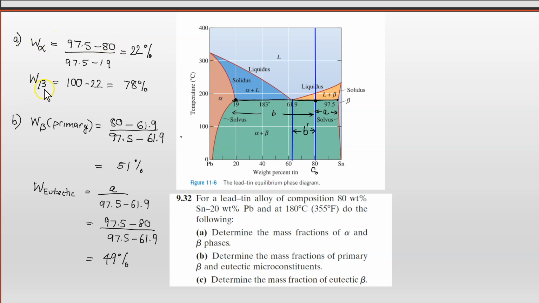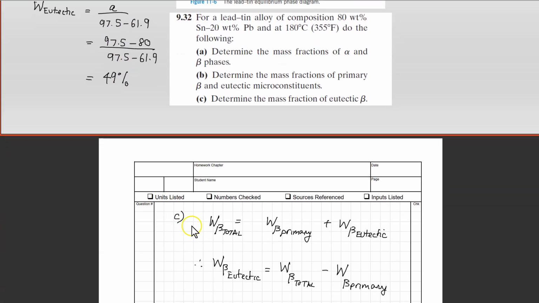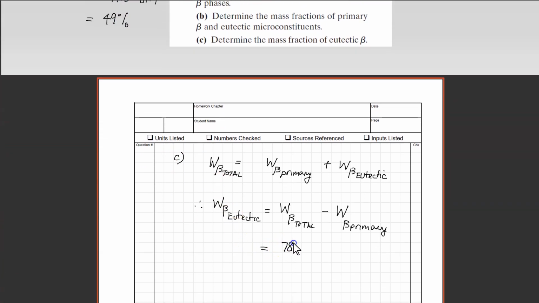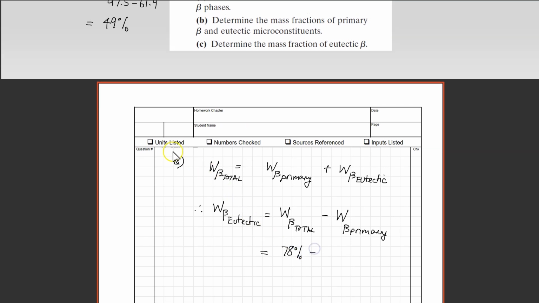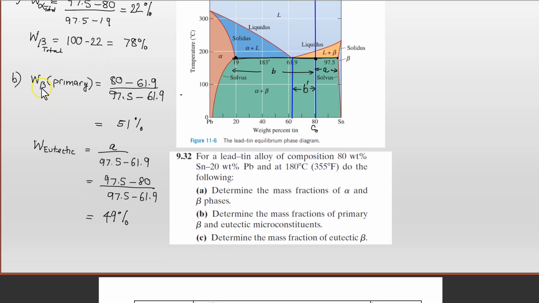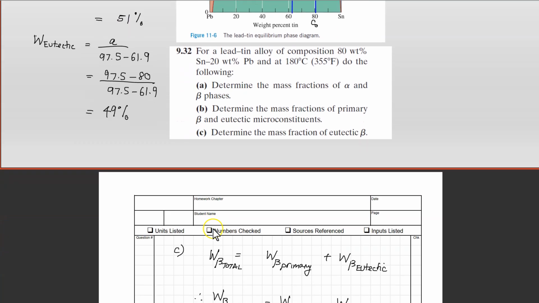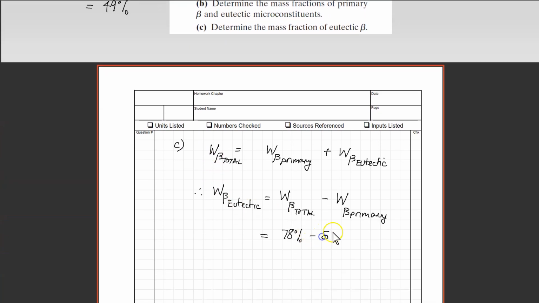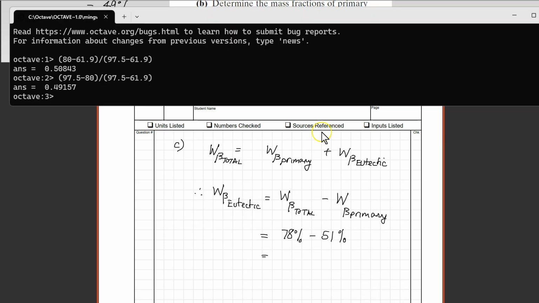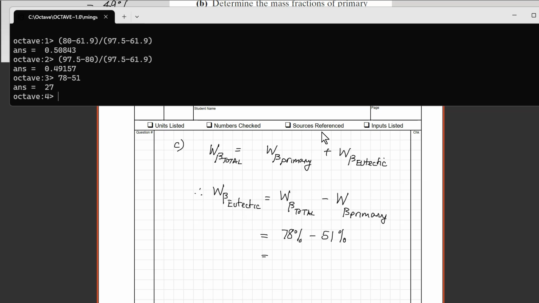So these are the total values. Again, this is also total. That was 78%. We want to subtract from that the beta primary, which is 51%. And this gives us 78 minus 51, which is 27%.